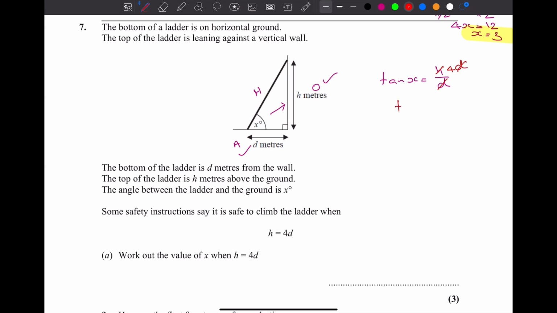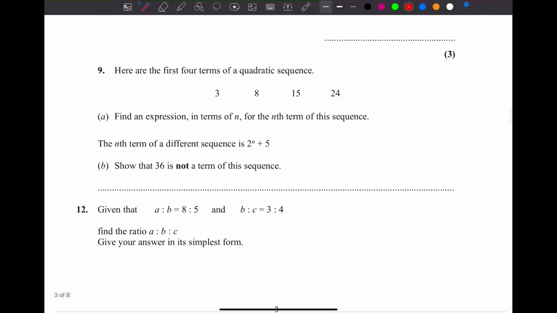That basically gives you tan of x is 4. Look at the value of x. x is what? Tan inverse of 4. Tan inverse of 4 gives you 79.96. Okay, degrees. Simple.